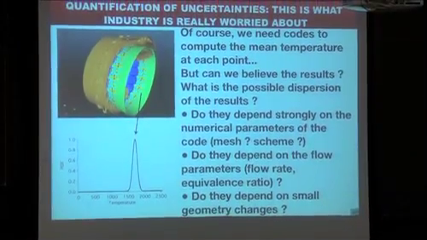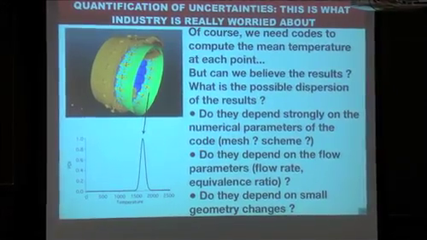That's what engineers do. They do a computation, and then to be safe, they multiply it by 1.2, 1.4, or 2 sometimes. But now, of course, as the time goes by, you need to improve your performances. You need to be better than your competitors, so you need to reduce the margins. If you reduce the safety margins, you have to wonder if the precision of what these guys from the combustion department gave you is good or not. So when these guys in the combustion department tell you, for example, the temperature at the outlet of my turbine will be 1600 K, you want to know how precise this number is.